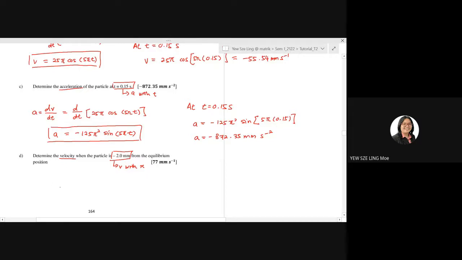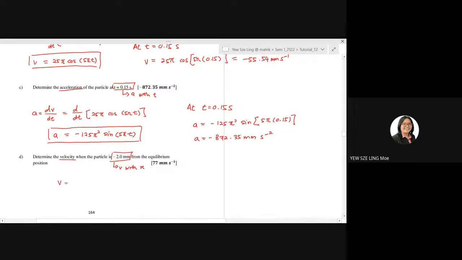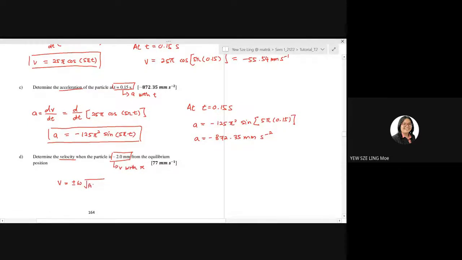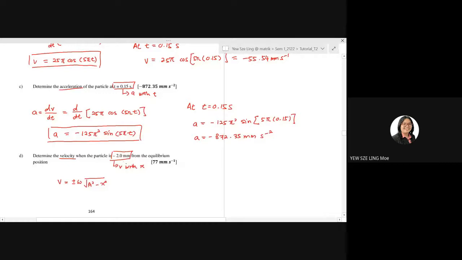Now we have V is equal to plus minus omega square root of A squared minus x squared. According to the question, initially it moved to the right. So right hand side is positive, left hand side is negative.